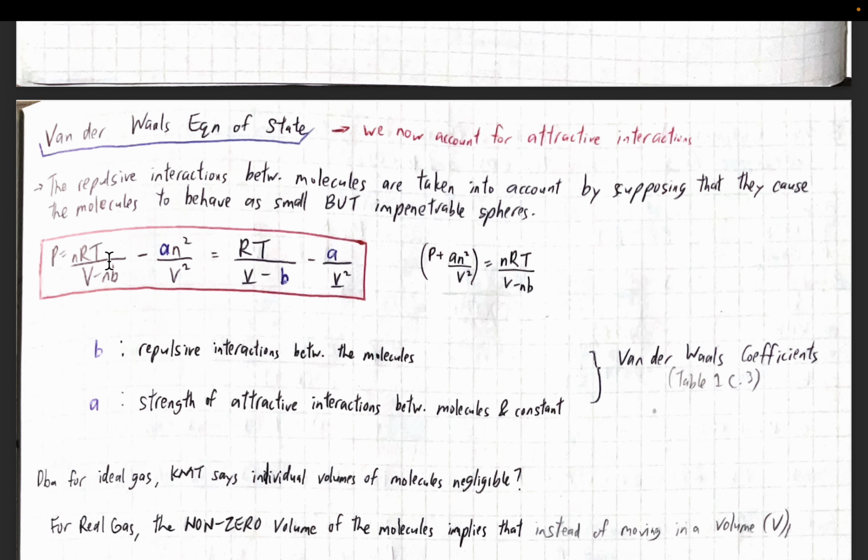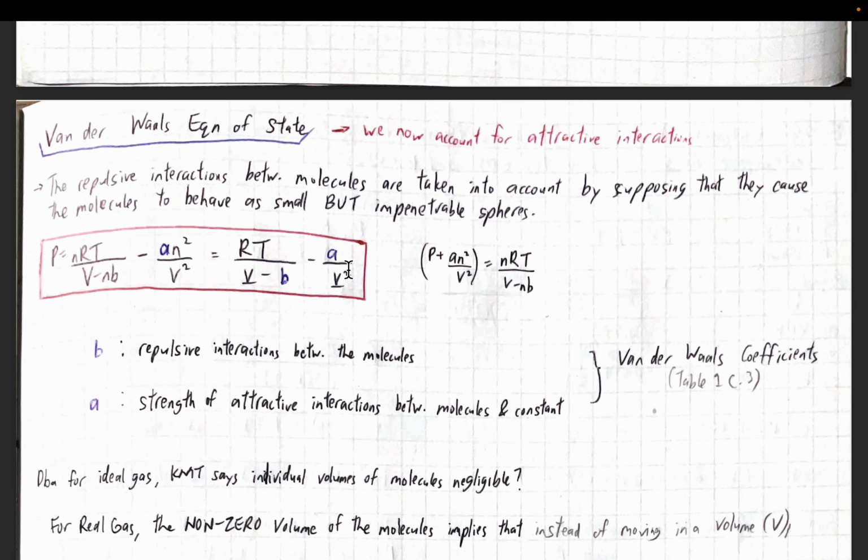P is equal to nRT over V minus nb, minus a n squared over V squared. If you want to express this in terms of molar volume, then it's going to be RT over V molar minus b, minus a over V molar squared.